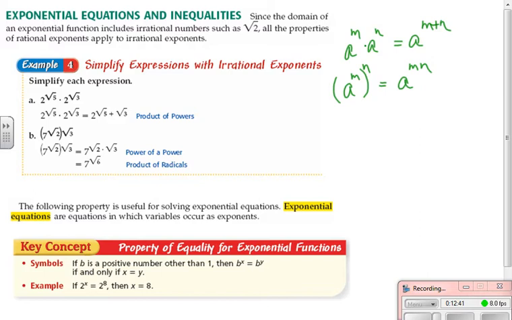And if you remember, we also have the ability, if you have a root and a base to a power, you can rewrite that as a fraction where the numerator is the power and the denominator is the root. So simplifying problems like this is review.